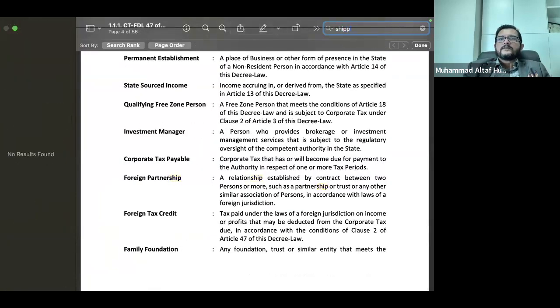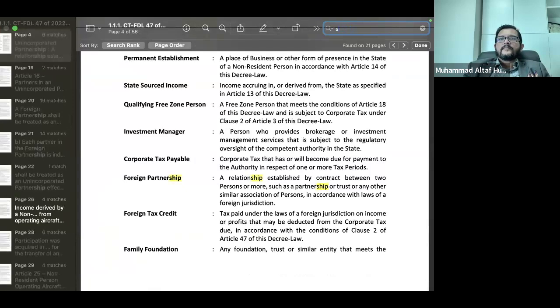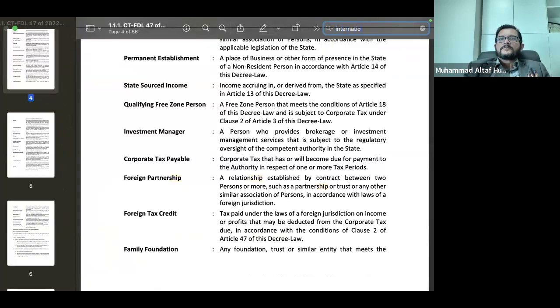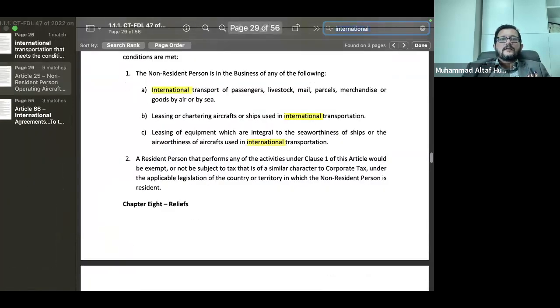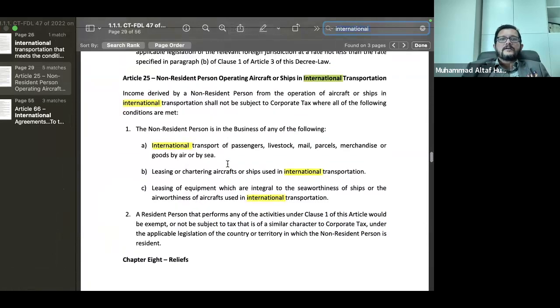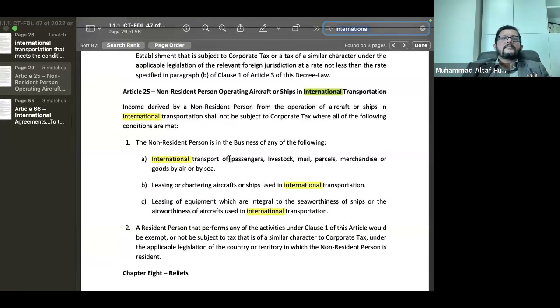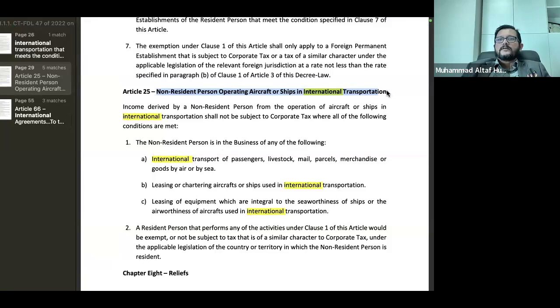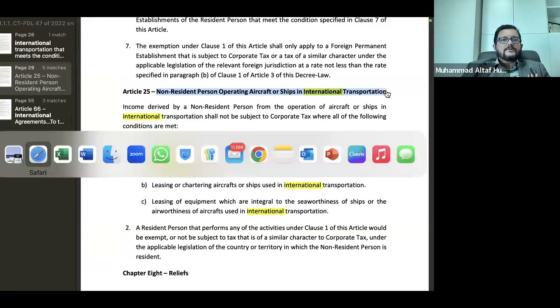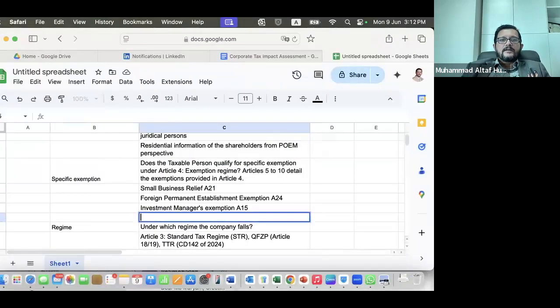But that is exempt transport, that is Article 25. Not this one. So a non-resident person operating ships in international transportation. This also is a hidden exemption, right? What is that? Article 25, yes.